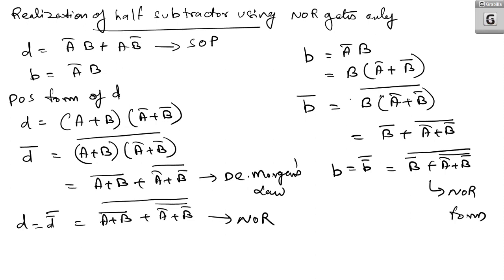Okay. So that is how you are realizing borrow. Now I am going to realize it using NOR gates. So I write difference first. Difference is A or B, the whole bar, or A bar or B bar, the whole bar.